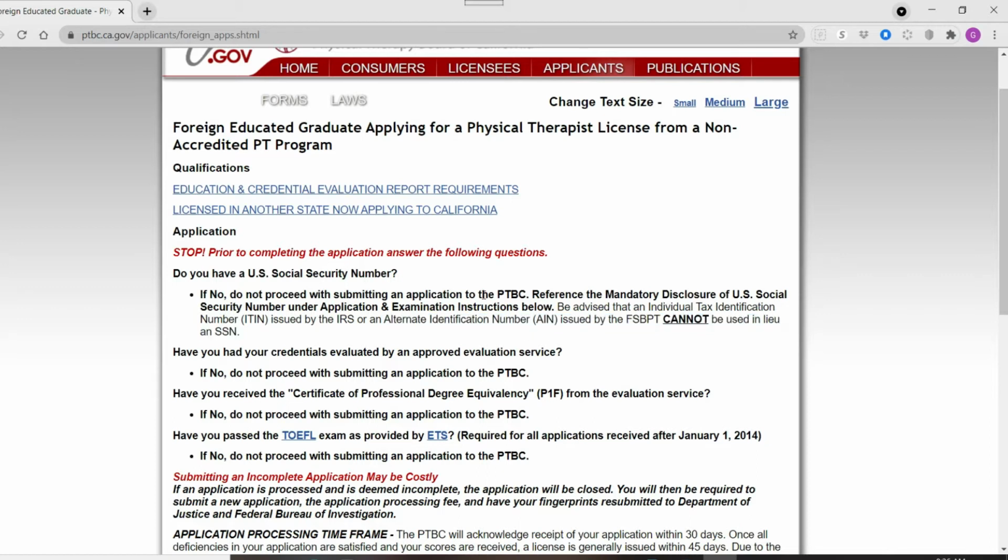But if you are a totally foreign-educated physical therapist with no working visa, no immigrant visa, no social security number, California is not the state where you can start your practice here in the US.